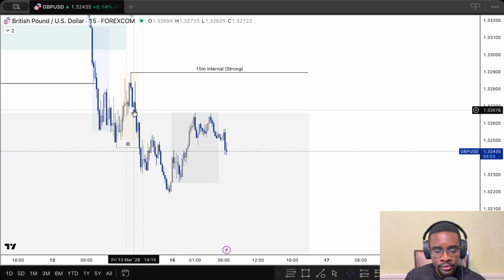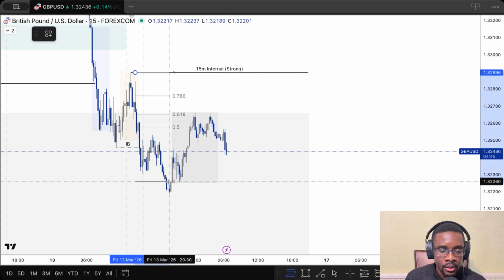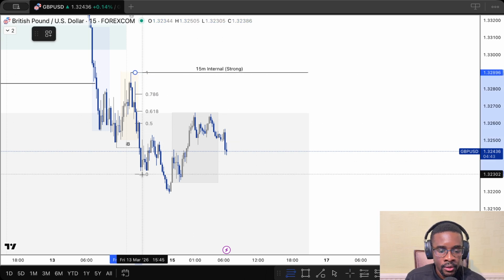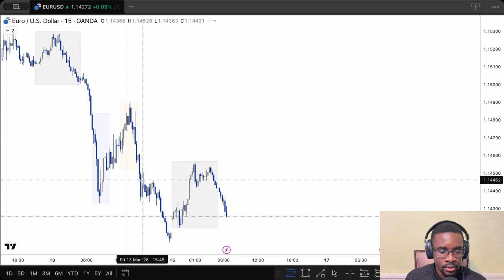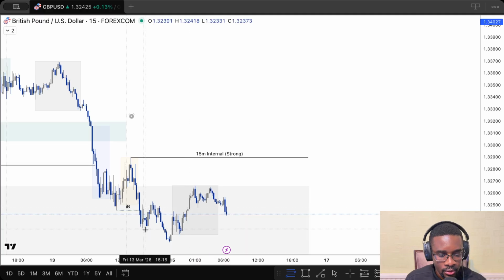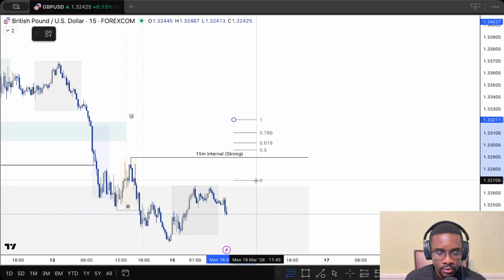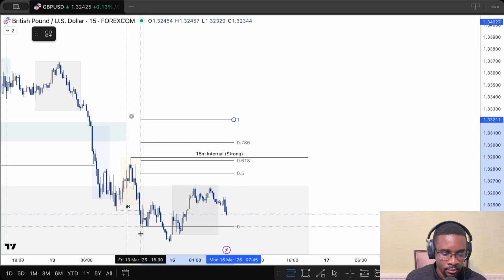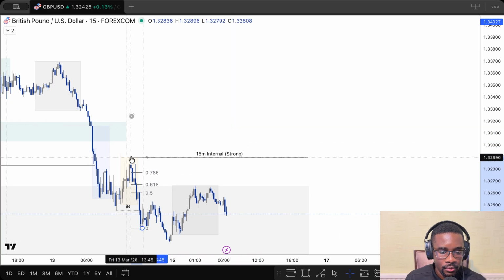That pullback was not significant. Okay, so we expect a pullback all the way to the top. So let's see how that is. So right there, that pullback was not significant. So our expectation is that, okay, so let me do it like so.